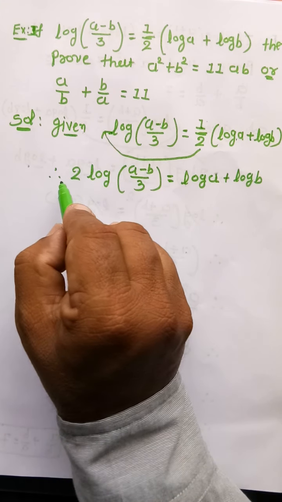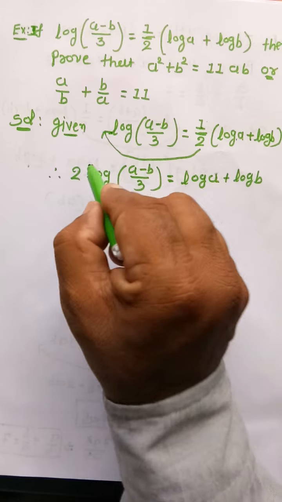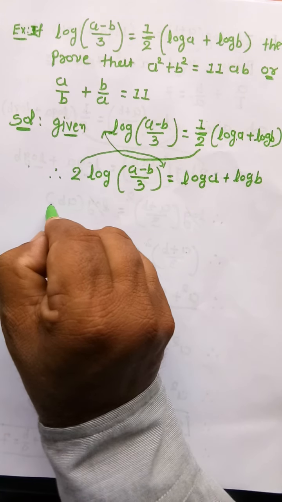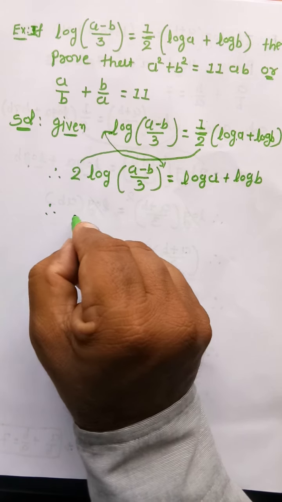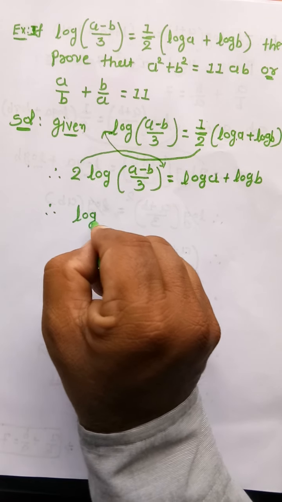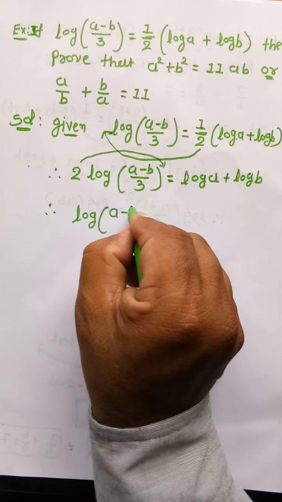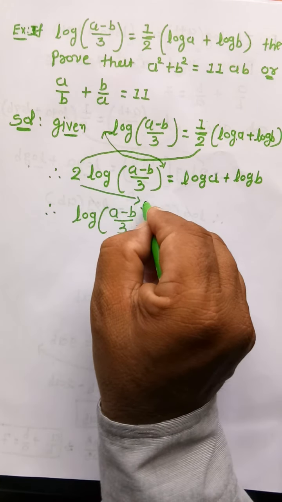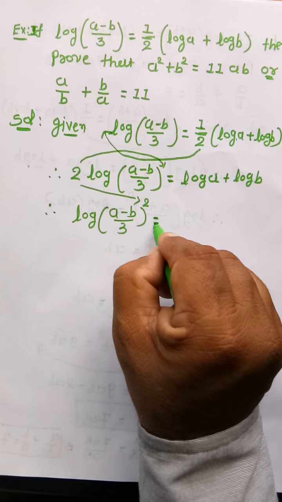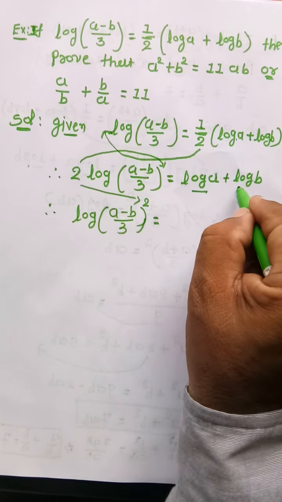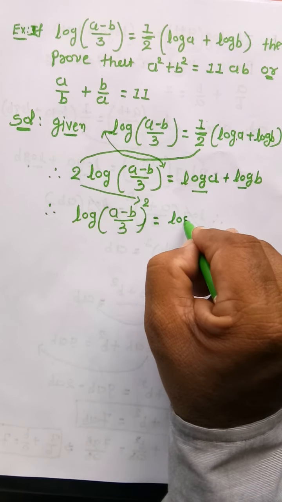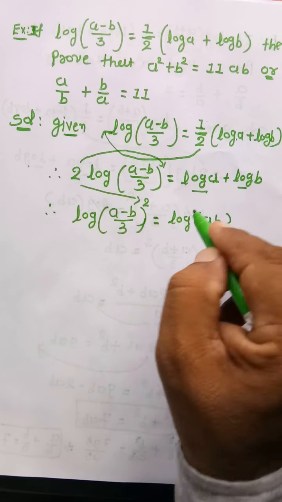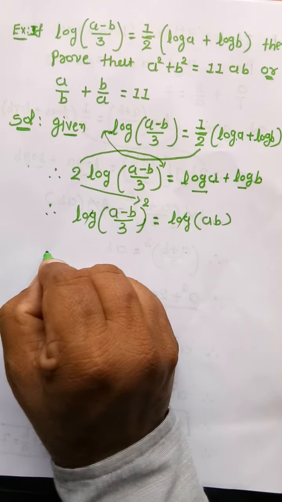Now here 2 is multiplication in logarithm, then logarithm multiplication goes to power. So log ((a minus b) by 3) raised to 2 is equal to, log is common, then log common a and b multiplication. Now two side log remove.